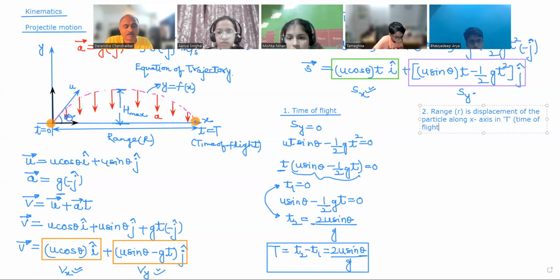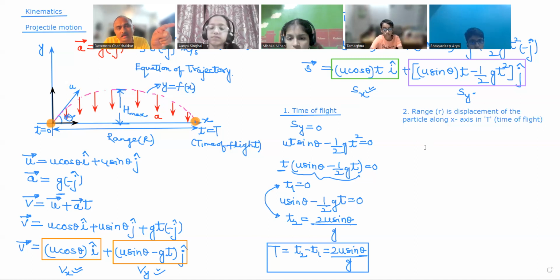For as long as the particle stayed in the air, it is moving along the x axis. So what is that length? That is the answer to the question. So how to find that length?